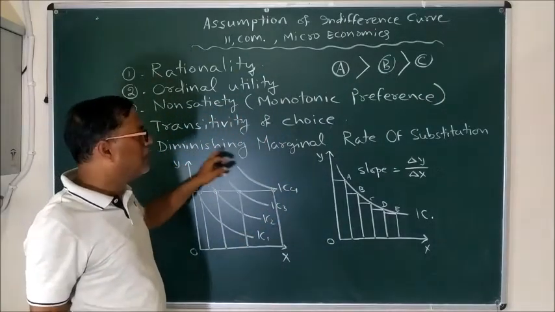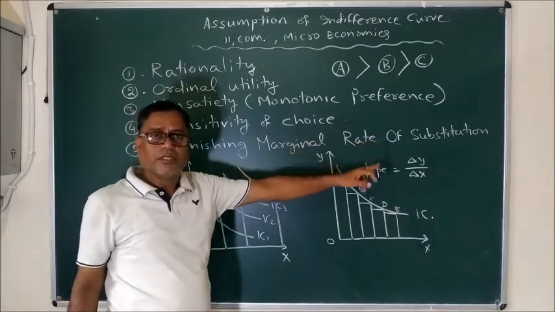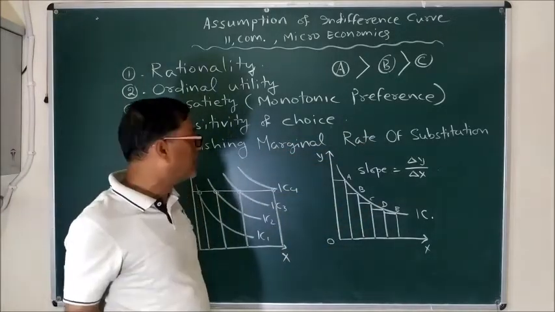Next, diminishing marginal rate of substitution. Yesterday, this point we have already discussed.